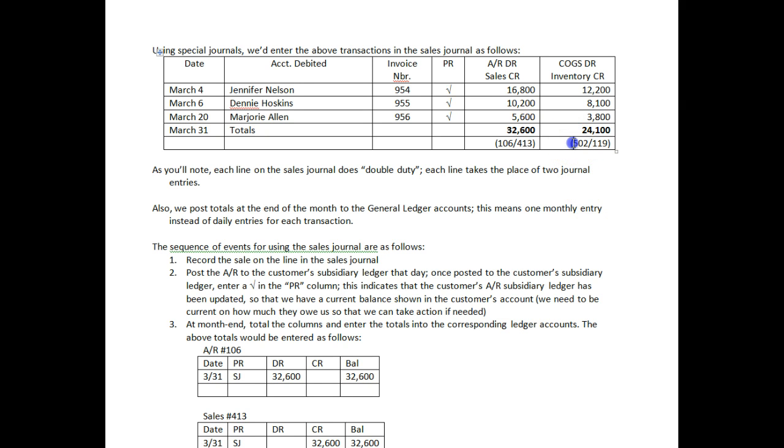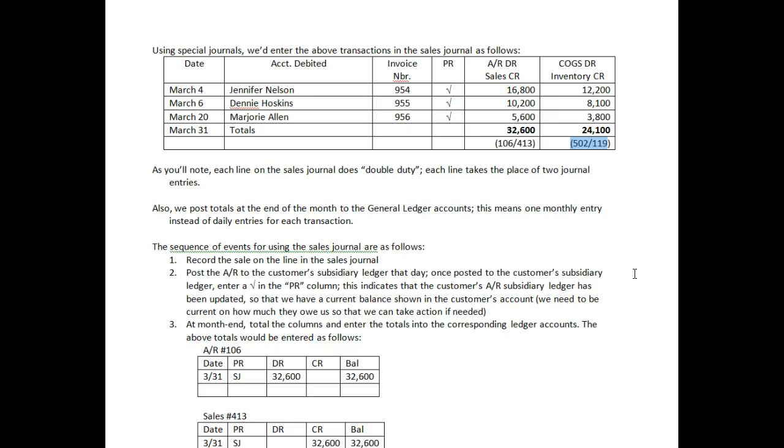Likewise, over in the second column, I've got 502 listed here. That means I debited cost of goods sold 24,100, and I posted a credit of 24,100 to inventory. So up here, you would always list the account that was debited first, followed by the account that was credited. Okay. You want to do that so, again, you're pointing back and forth.